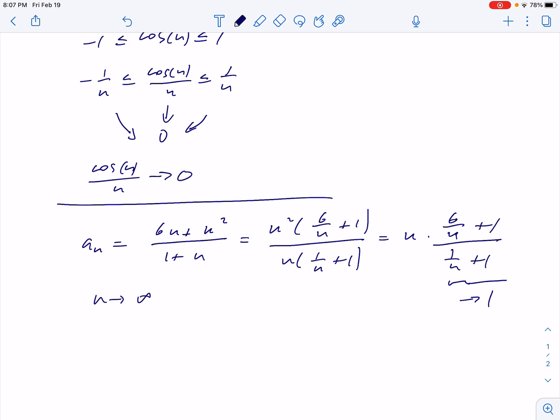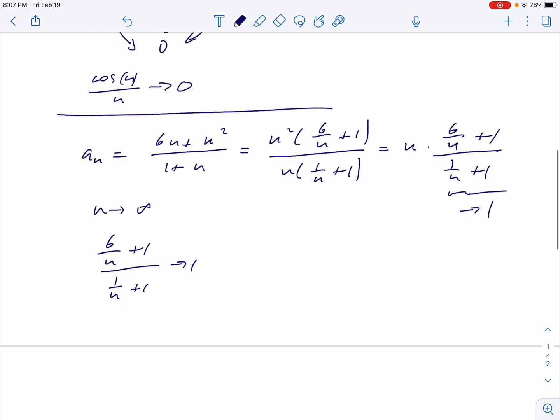So 6 over n plus 1 over 1 over n plus 1 approaches 1. All the sequence, n times this expression, will grow to infinity. So this is the result. a sub n grows to infinity, diverges to infinity.